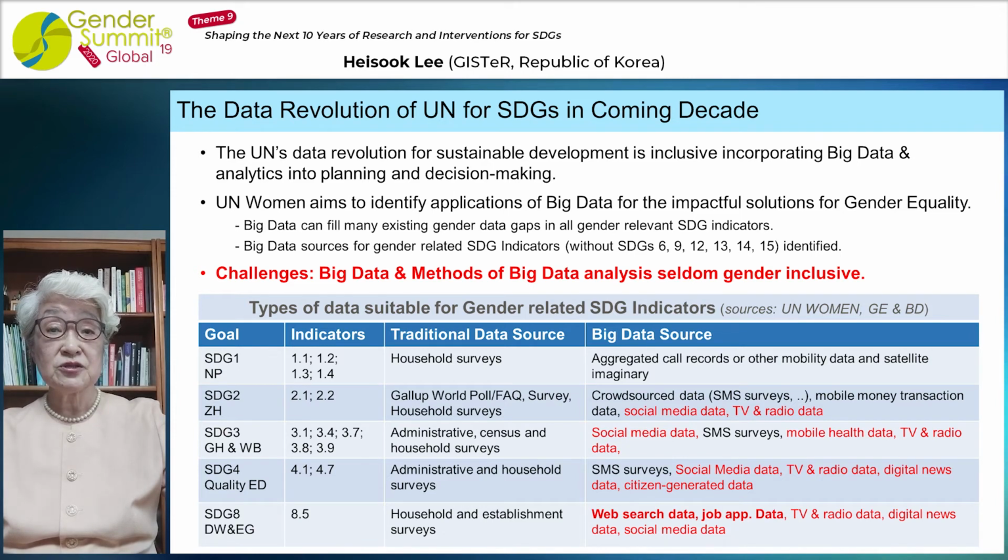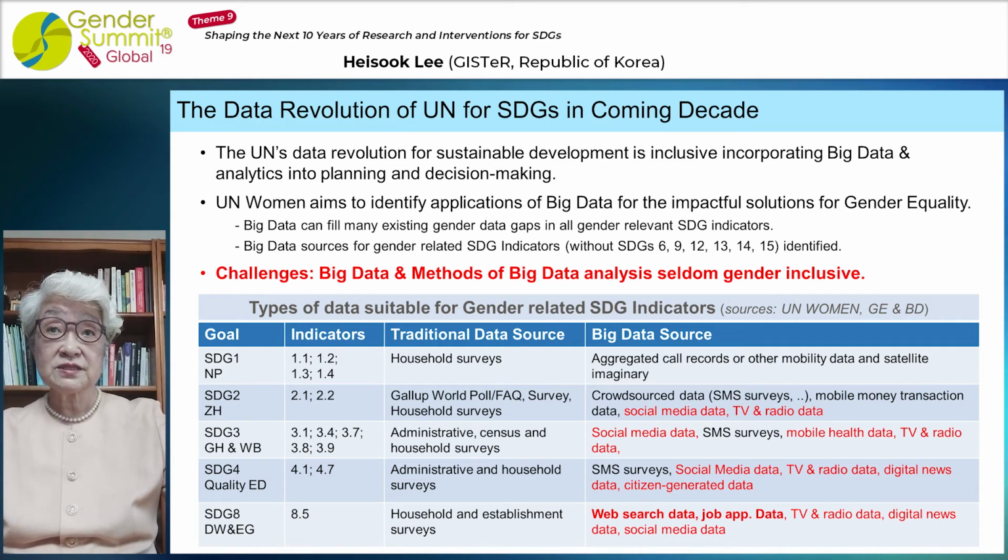Recognize the potential of integrating big data and analytics into programs and policies. UN Women aims to identify applications of big data for impactful solutions for gender equality. Among them, big data can fill many existing gender data gaps in gender-relevant SDG indicators.